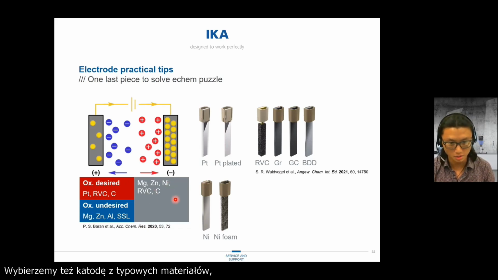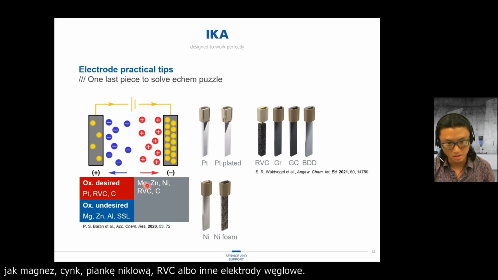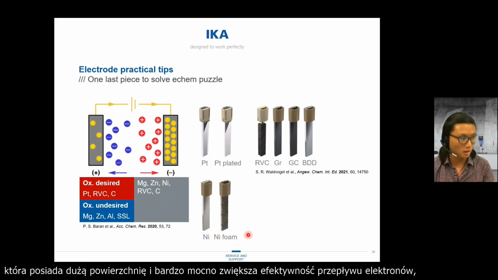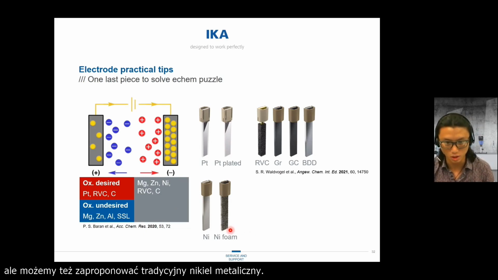here are some typical materials such as magnesium, zinc, nickel foam, RVC, and other carbon-based materials. For nickel material, we have nickel foam as mentioned. This has higher surface area, which improves the electron efficiency, but we also have nickel metal as another type of electrode.